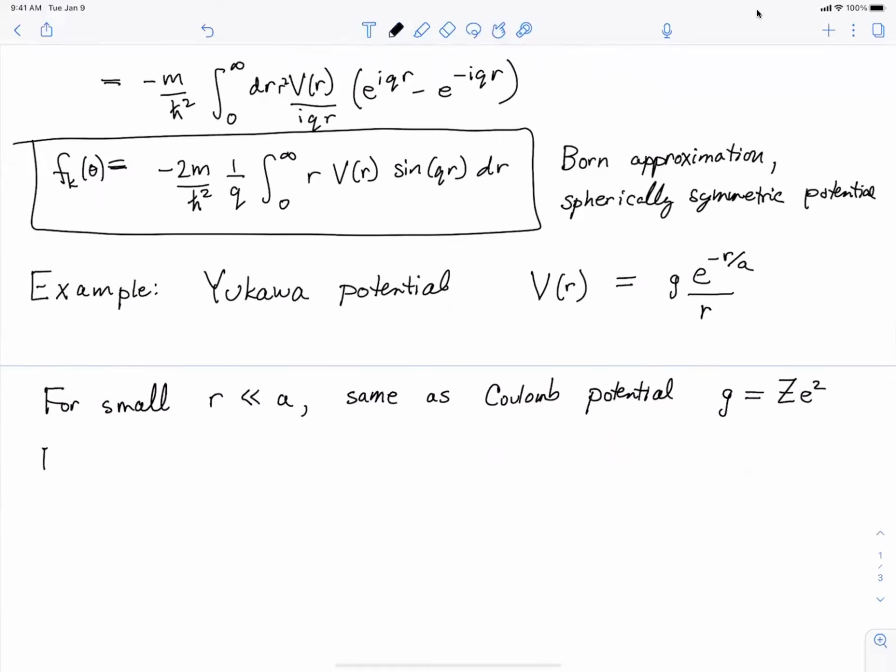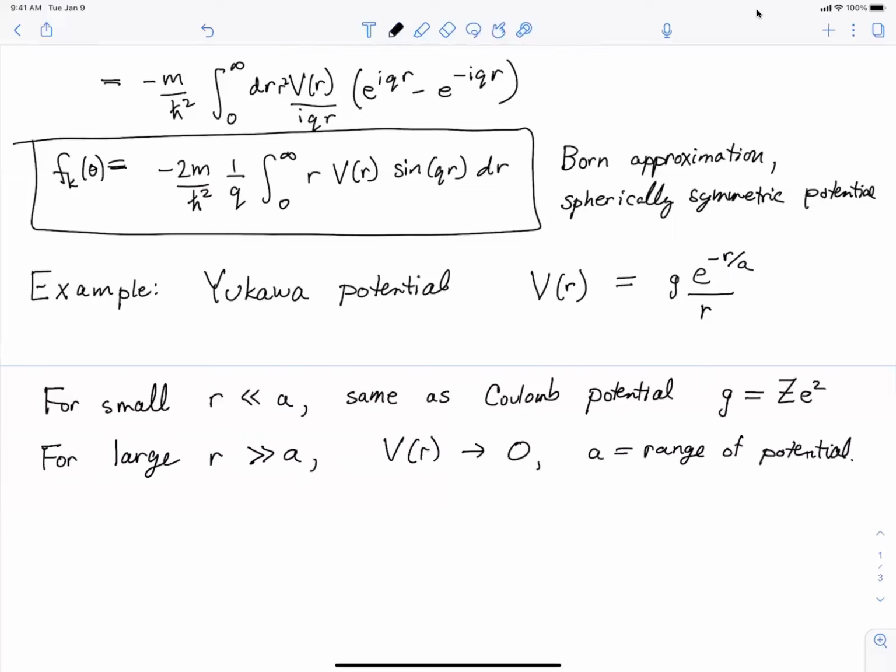On the other hand, for large r, then the potential goes to 0 because of the exponential. And so from that, we can sort of say that a is the range of the potential. Because we remember from when we talked about the classical Rutherford scattering, that if it were really exactly Coulomb, this thing would have an infinite range, meaning when we calculate the cross-section, it actually turns out to be infinity.